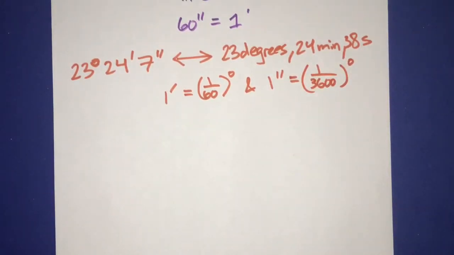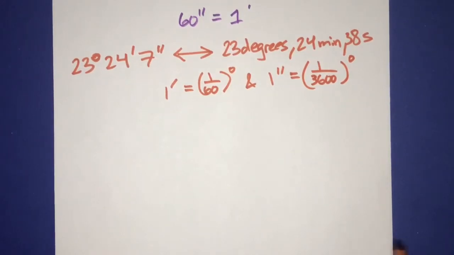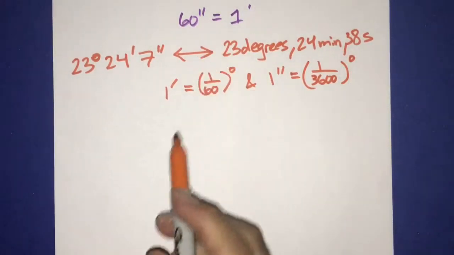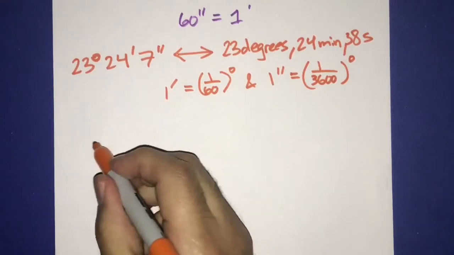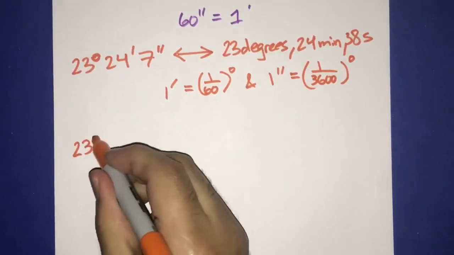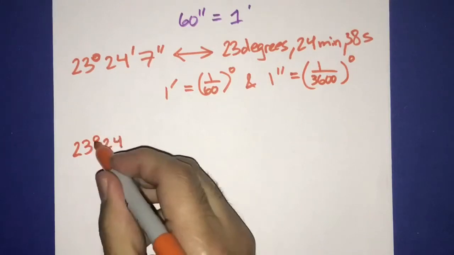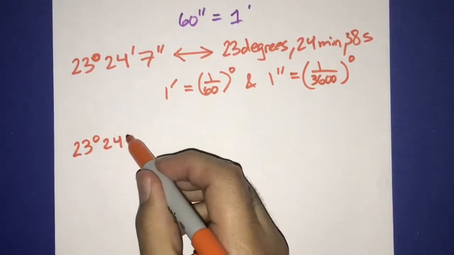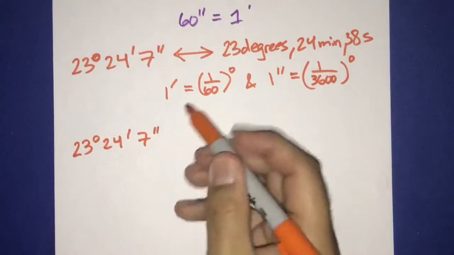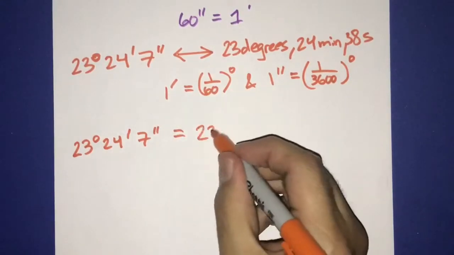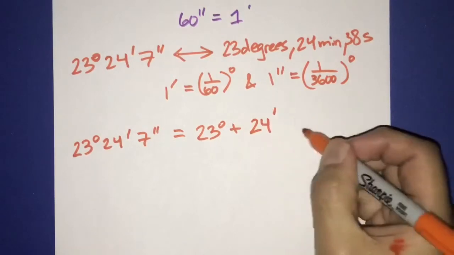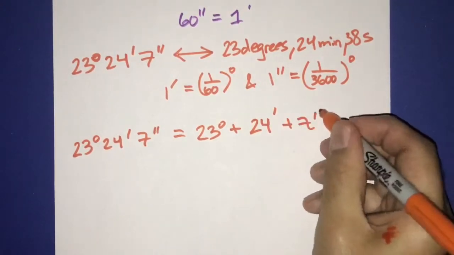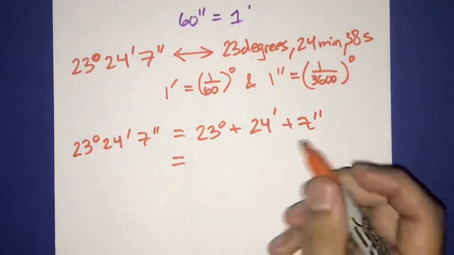Okay. So now we can go ahead and convert using what we have. We're going to break this up. We have 23 degrees, 24 minutes, 38 seconds. This is equal to 23 degrees plus 24 minutes plus 38 seconds.